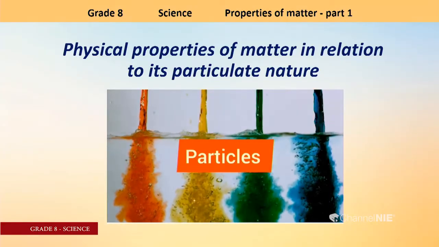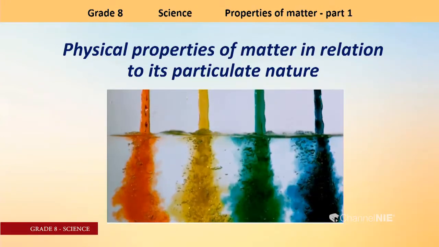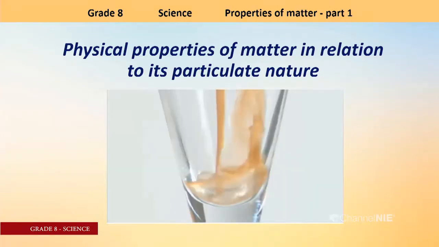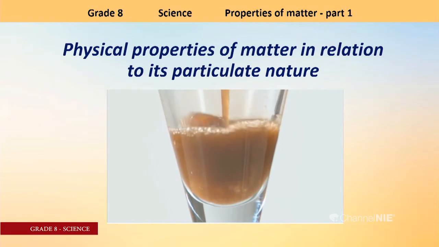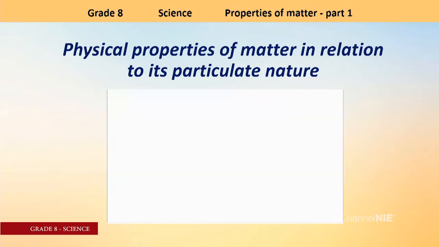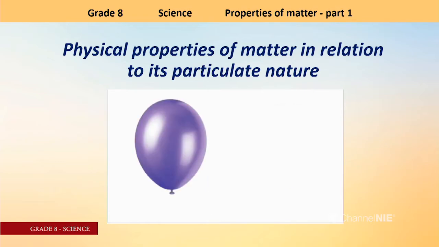Here you can see liquids can be mixed together because of their particle nature, and the shape of a liquid changes according to the container shape. You can prepare mixtures by using liquids like water.